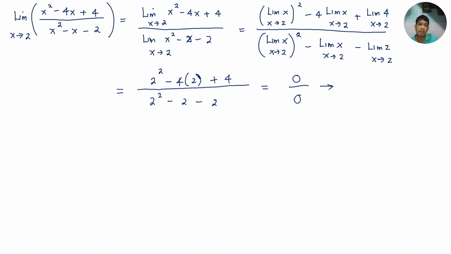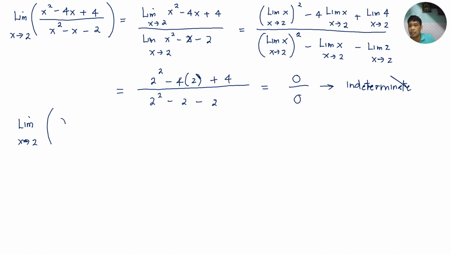So we never leave our answer in indeterminate form. What causes this indeterminate form of 0 over 0 is that we have a factor that was not canceled out. So we can simplify this by factoring our numerator and denominator respectively and canceling out the factors common to both.